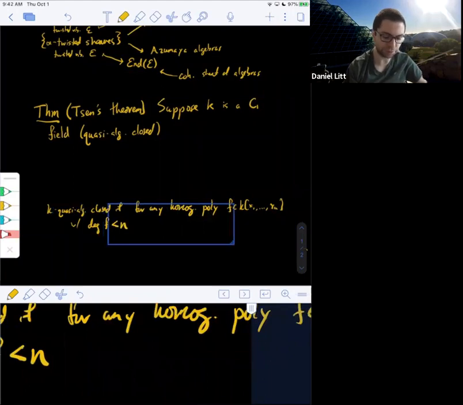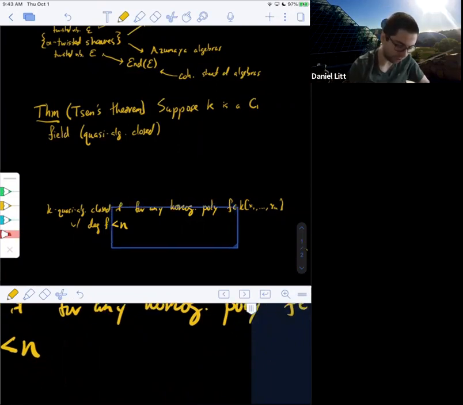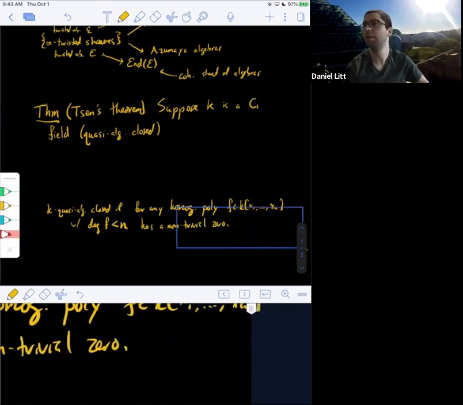We're given a homogeneous polynomial. A homogeneous polynomial always has a trivial zero, namely set all the variables equal to 0. And we're going to assume that it has a non-trivial zero. Okay, and people also sometimes call this a C1 field.